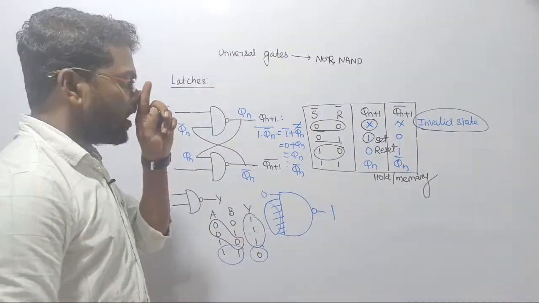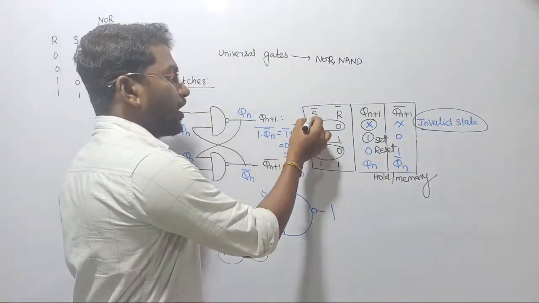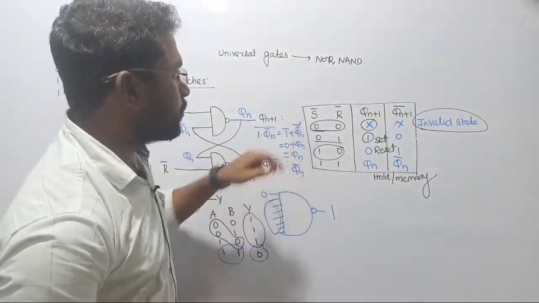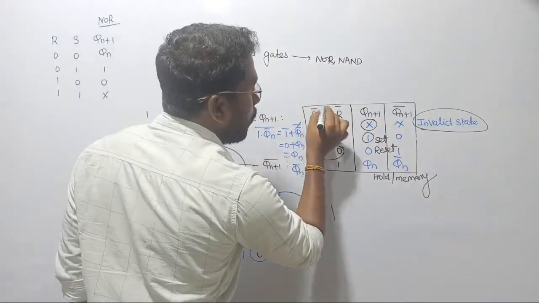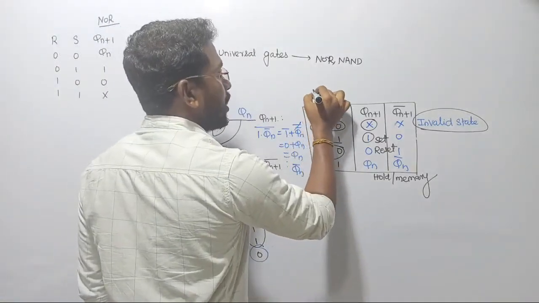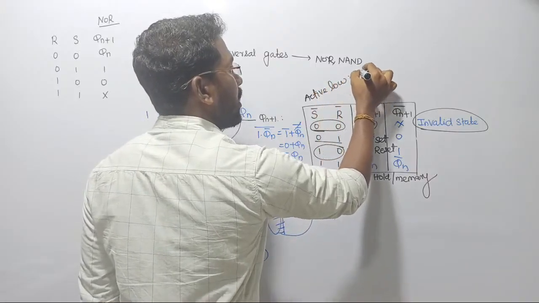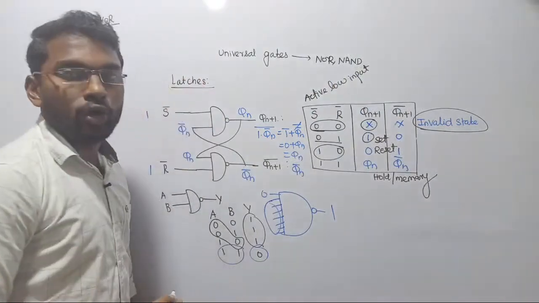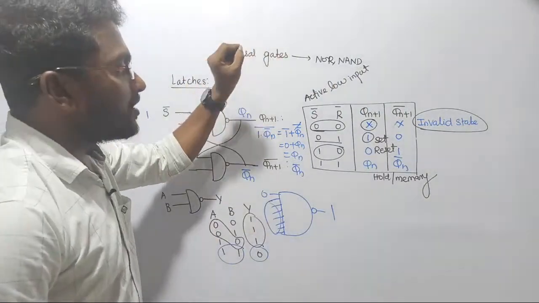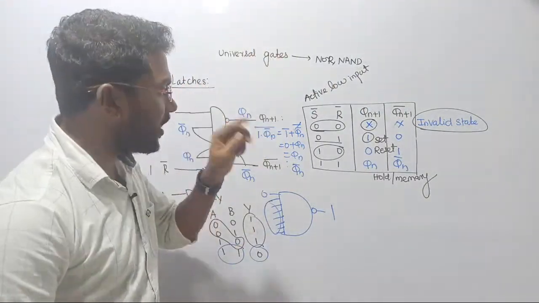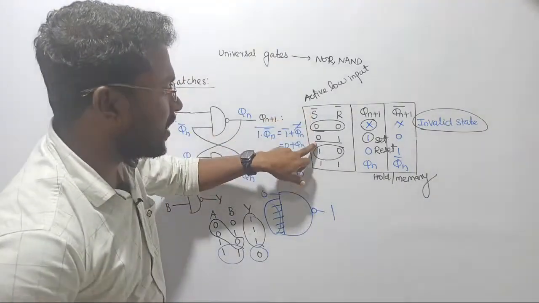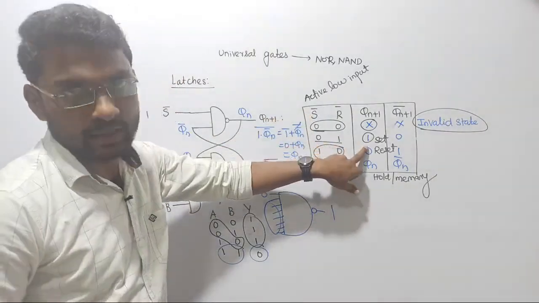Clear? But the conclusion is here, see there, why am I putting S bar and R bar here? First of all, the bar denotes that we are considering active low as the input. Active low input clearly indicates we are treating 0 as the active input. Whenever in the set line it is going to be 0, then your output will be set.